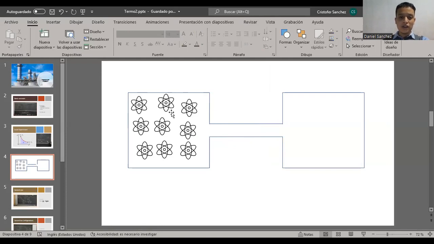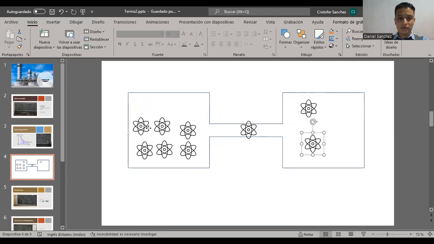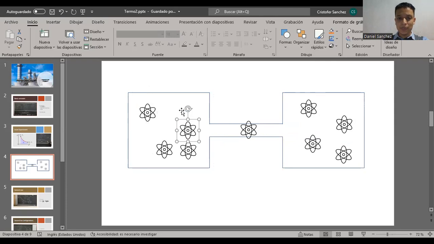Well, the things that are going to happen are the next. The atoms are going to move through the system until they occupy all the space, so the volume is going to be bigger, but the pressure is going to be lower.